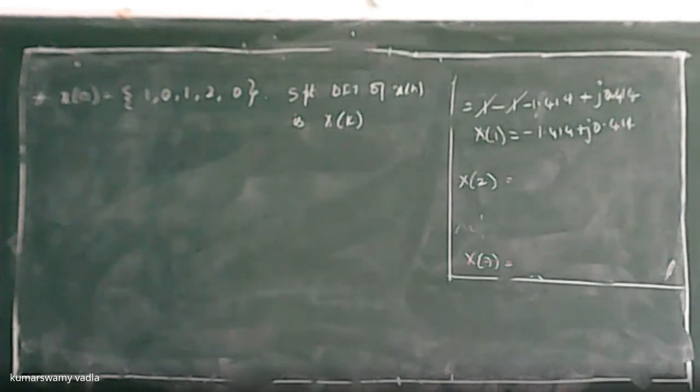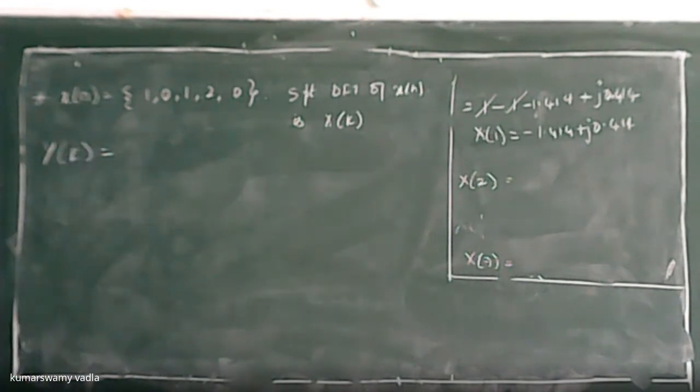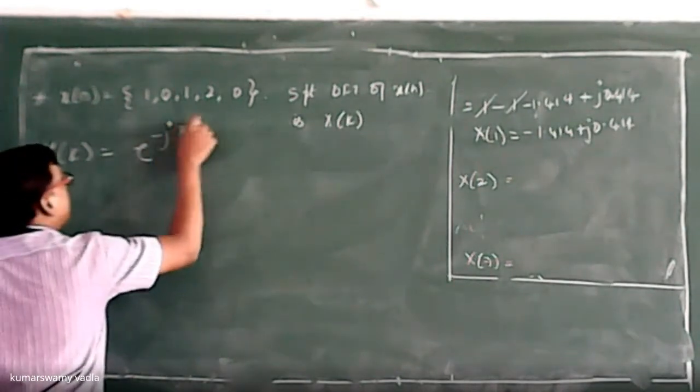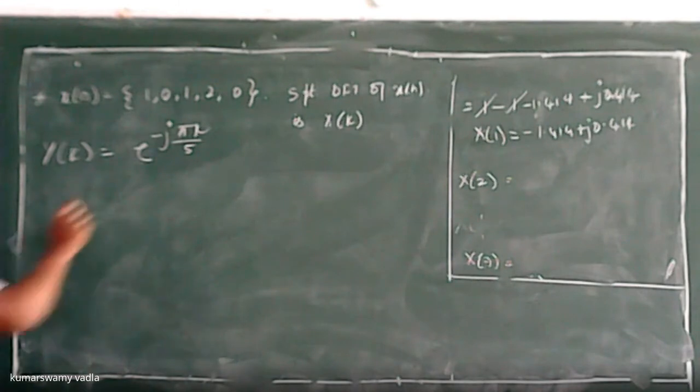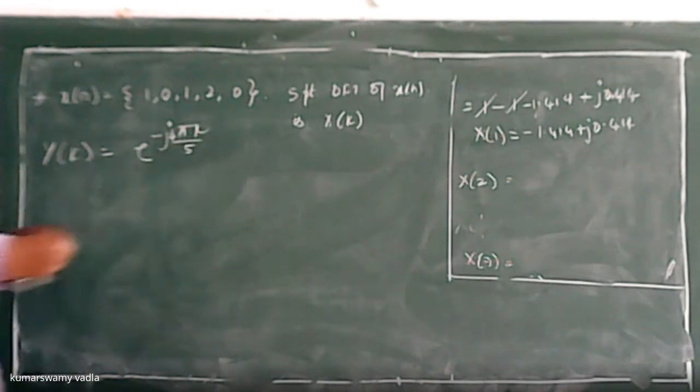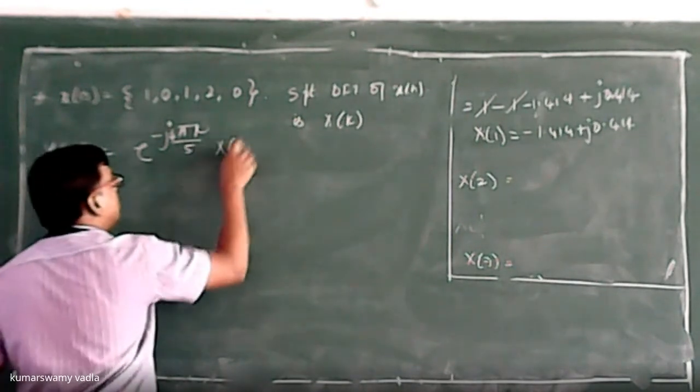Plot the sequence whose DFT Y of k is equal to e power minus j 4 pi k divided by 5, into X of k.